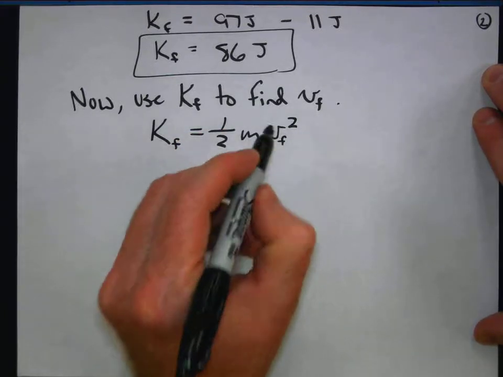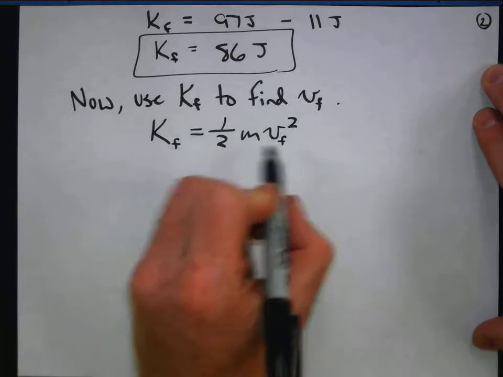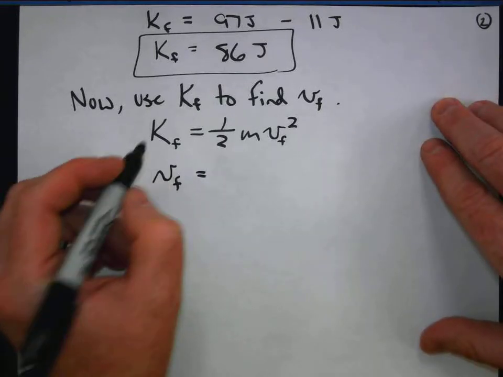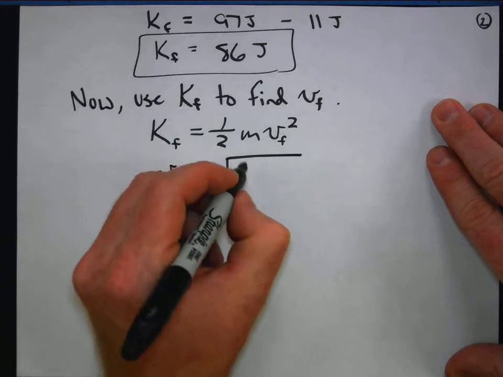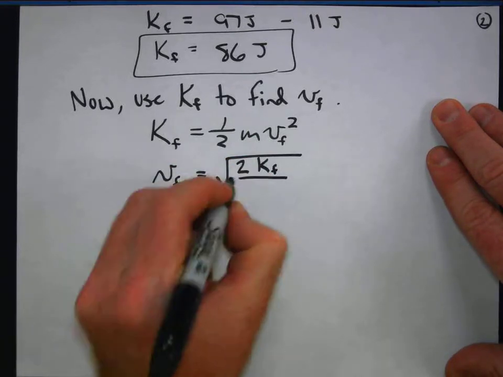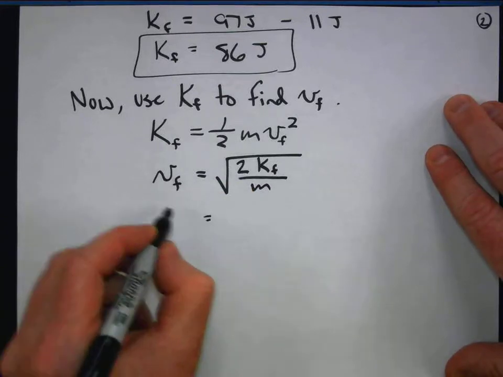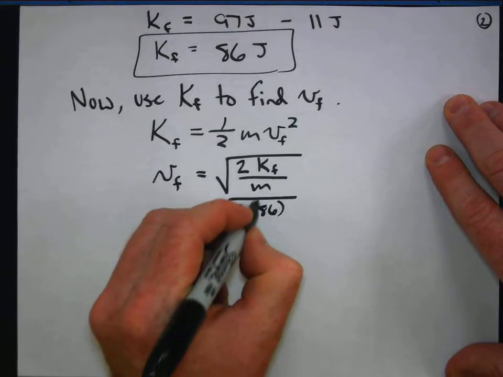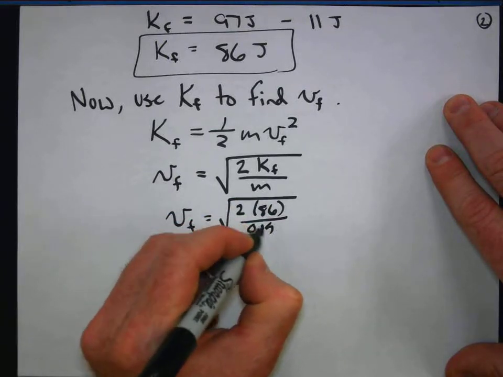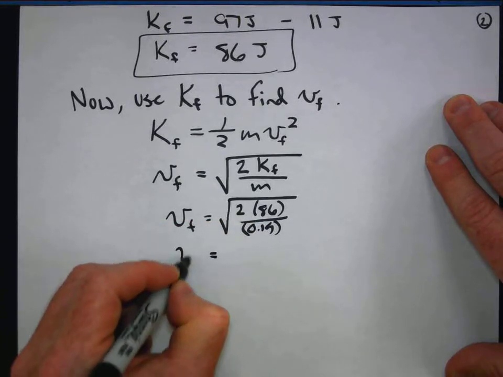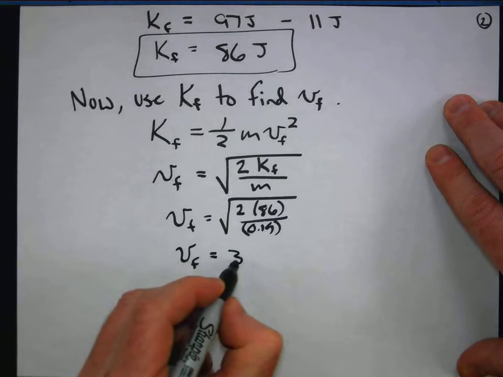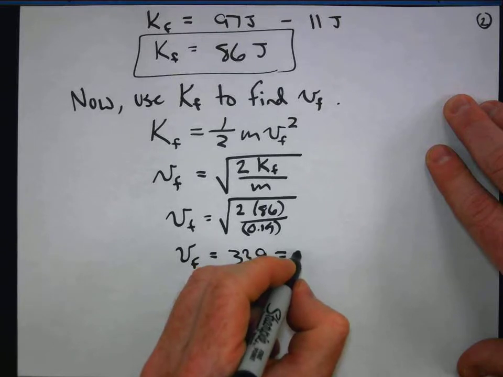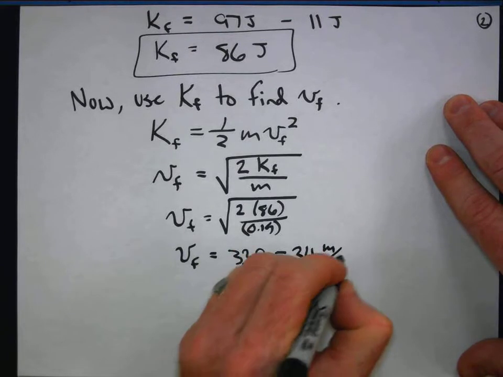And this happens to be final velocity since that's our final kinetic energy. And we know the value there. We're going to solve for final velocity. And the equation looks like this: 2 times the final kinetic energy divided by the mass, all under a square root. I'll plug some numbers in there. 2 times 86, and the mass is 0.15. And so our final velocity becomes 33.9. And really, because of sig figs, that's just going to round to 34 meters per second.